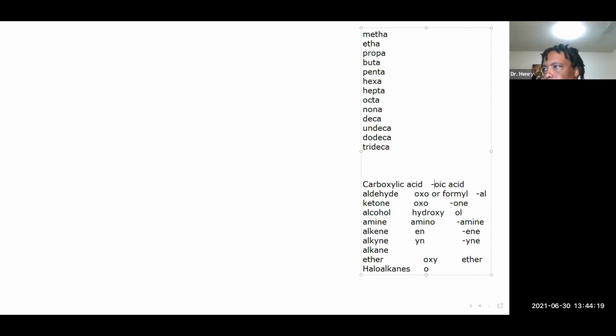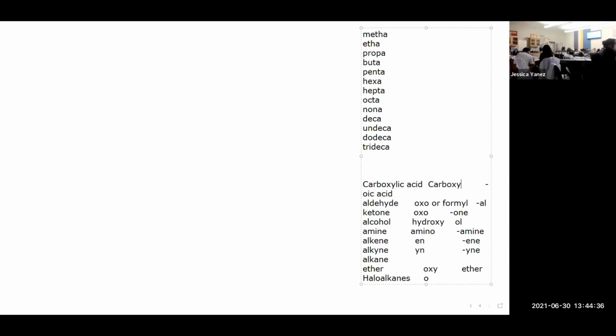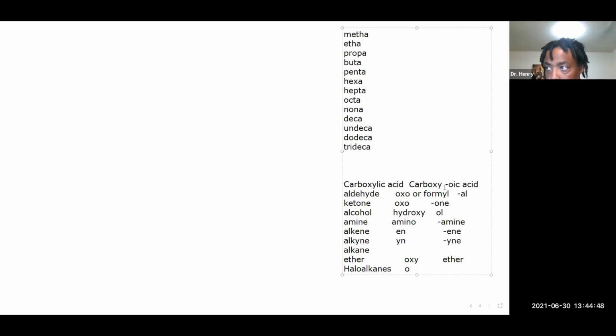Its suffix is oic acid, and its prefix is carboxy. It's going to be a weak acid. That's right. So all of these will be weak acids because we know that all acids with carbon are weak.